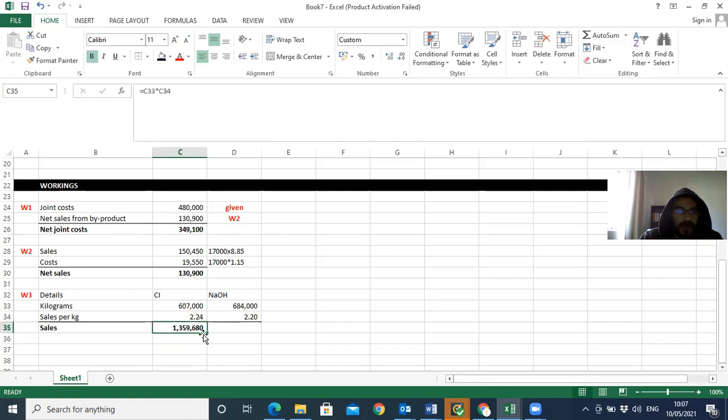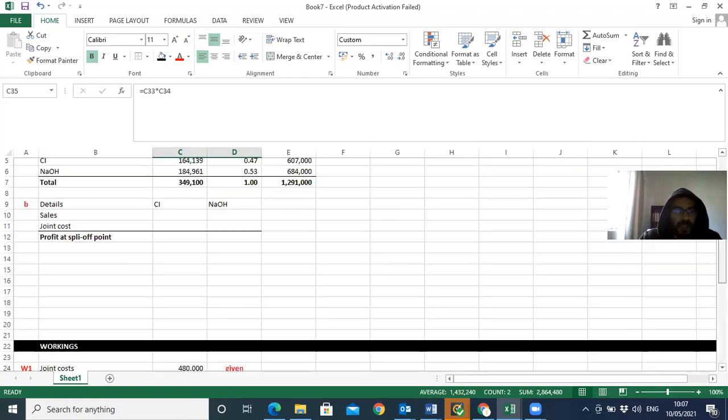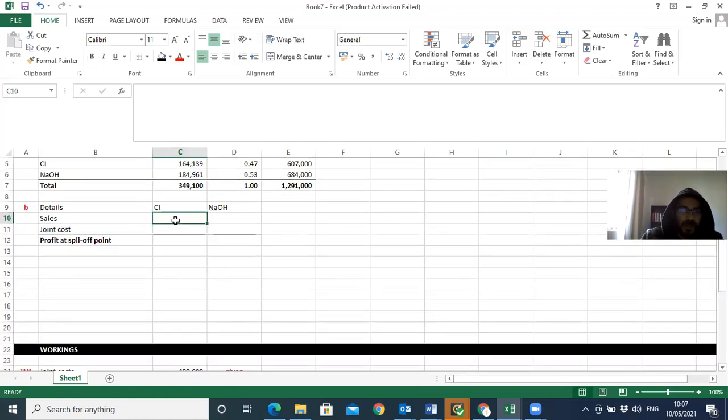Same thing with that, 684 multiplied by 2.20. So I can go and plug it in over here, equals C35. I can tell them I got it from working 3.